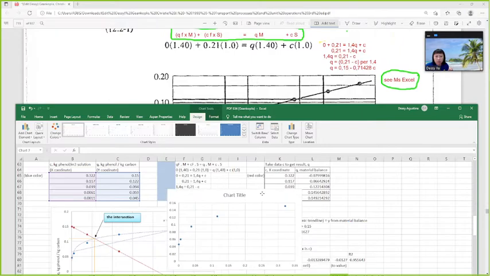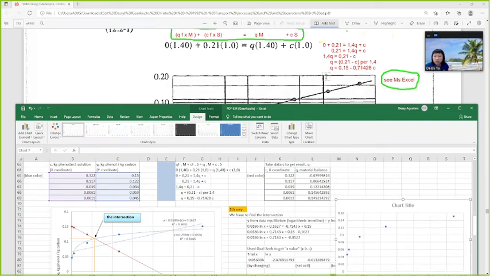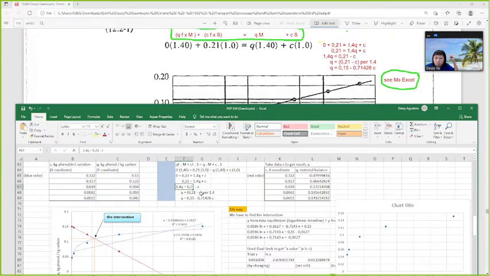After that, we also have one equation from the material balance here. We take this equation and put the C values into it.